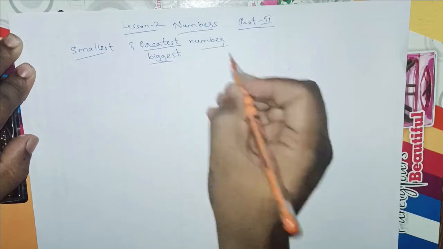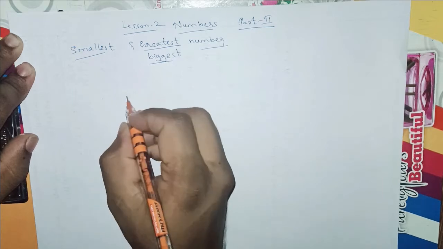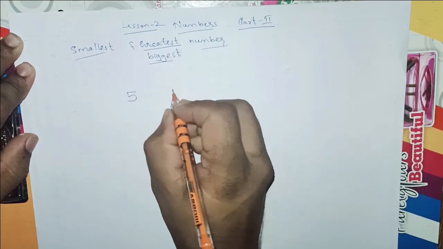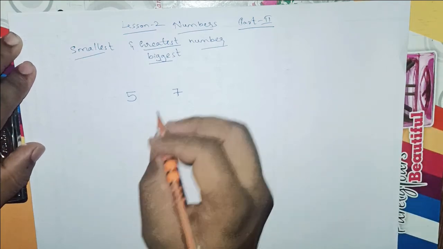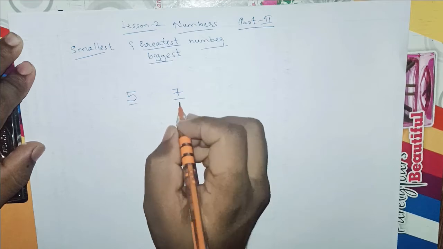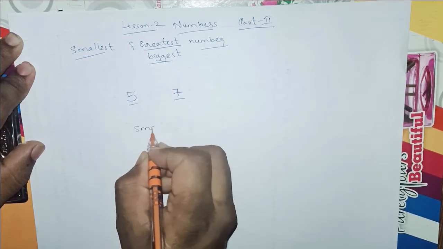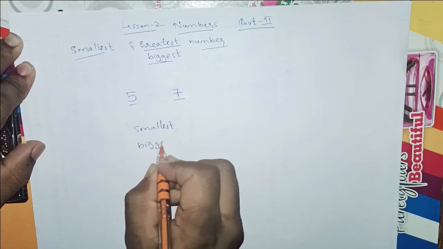Smallest and biggest number. So consider two numbers now, 5 and 7. Among these two numbers you have to tell me which is the smallest and which is the biggest.